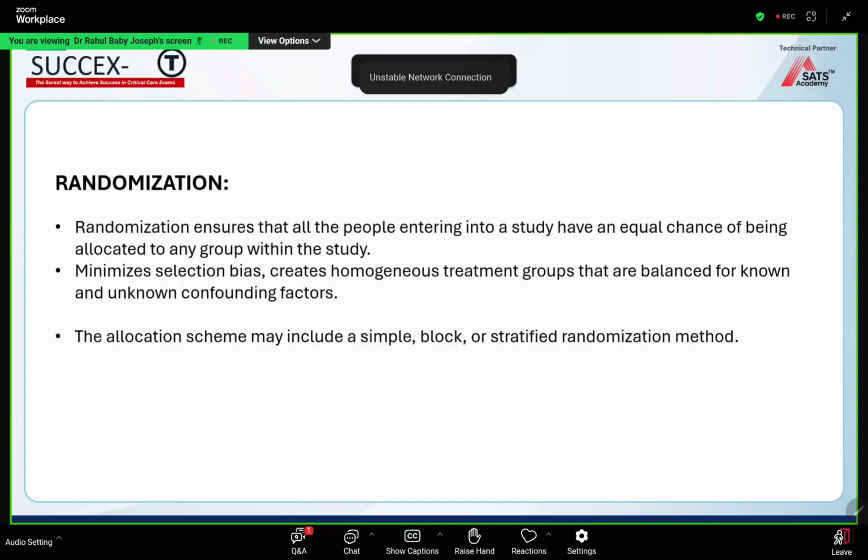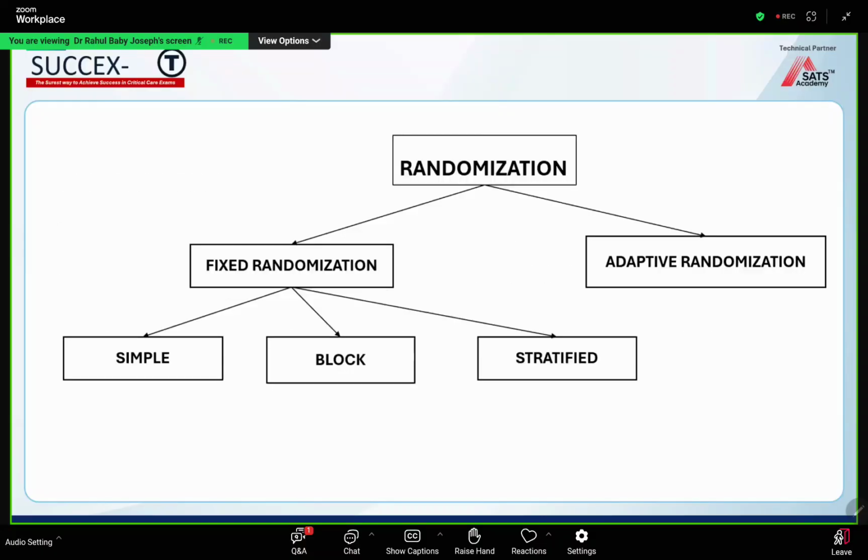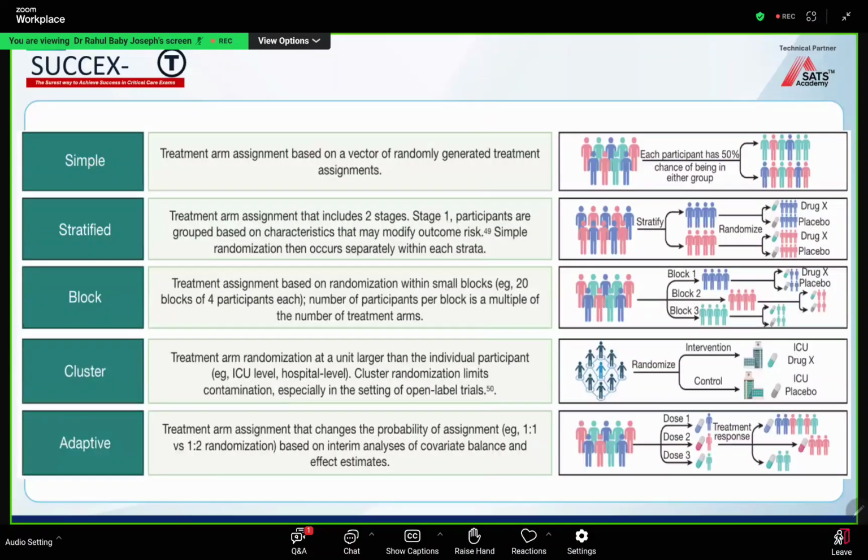So randomization basically ensures that every participant entering the study has an equal chance of getting allocated into different arms. In simple randomization, each participant goes to an arm like by tossing a coin or rolling a dice.